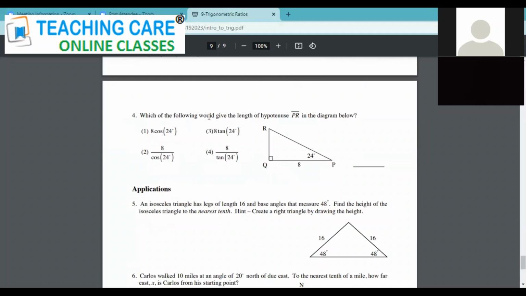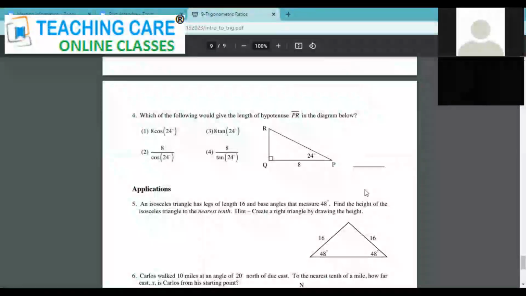Okay. Now, which of the following would give the length of the hypotenuse PR in the diagram below? Try and see. If not, I'll do it a bit.